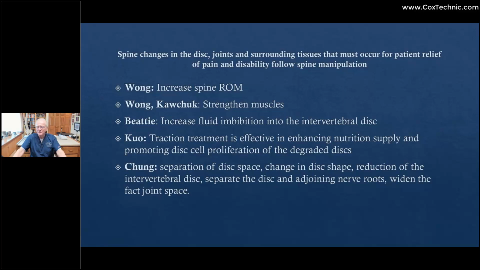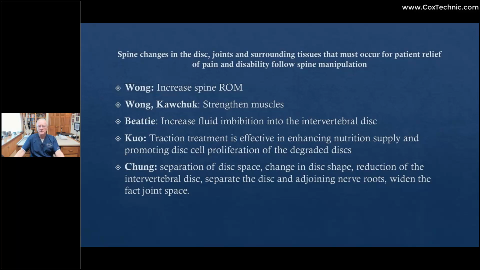Then we'll blend that with the work of Kuo. Kuo showed that distraction enhances the nutrient supply into the disc and promotes what? In his words, the disc cell proliferation of degenerated, degraded discs. For me, this represents one of the very exciting things about the work that you and I do, which we're about to study together.